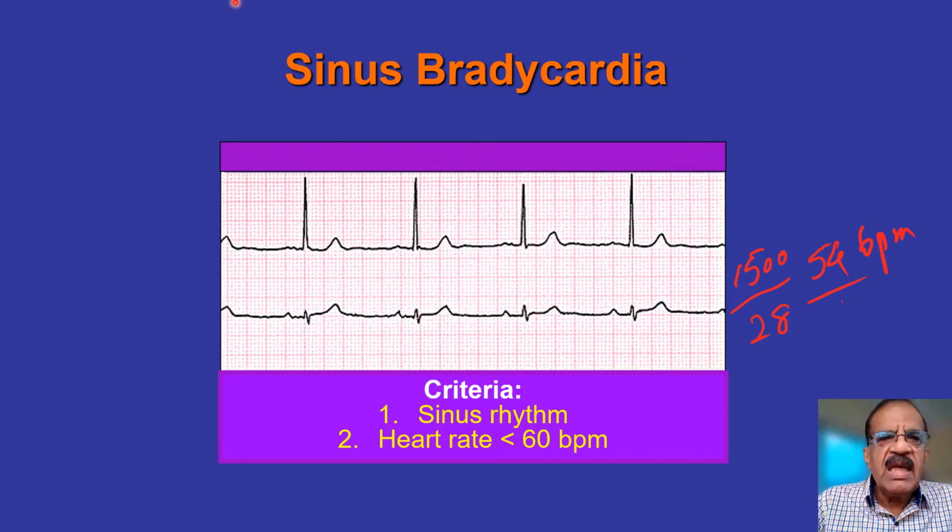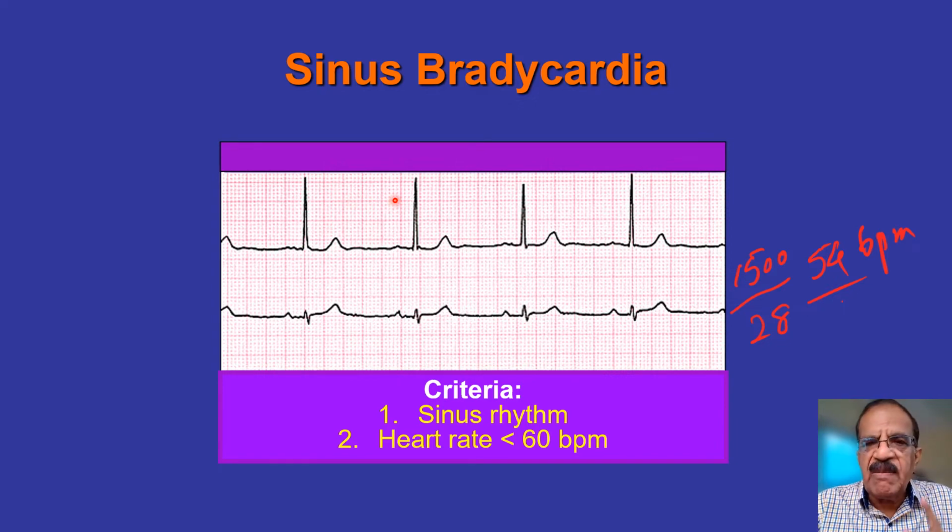In this case, it is best to start counting from a complex which coincides with a line, like this one, because it is easier to count squares. If you start counting from here, 1, 2, 3, 4, 5.